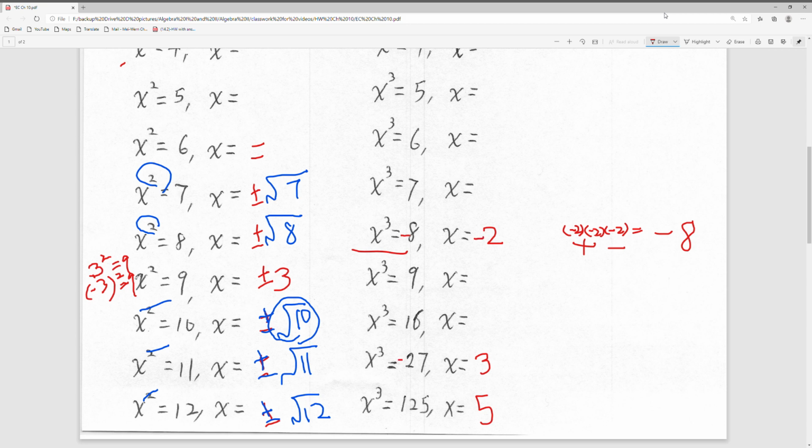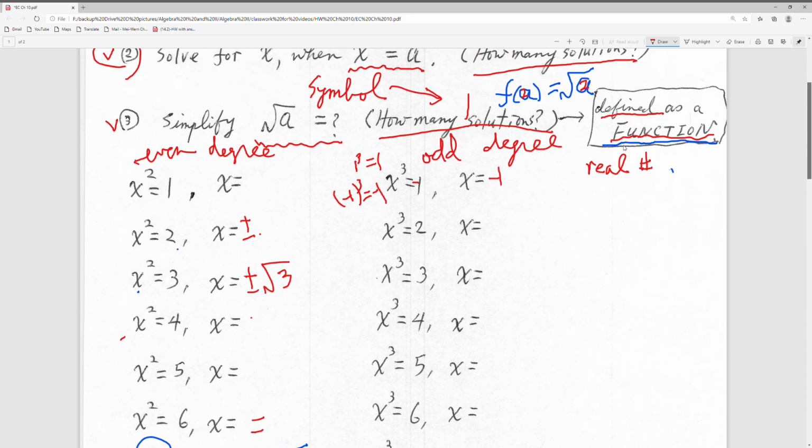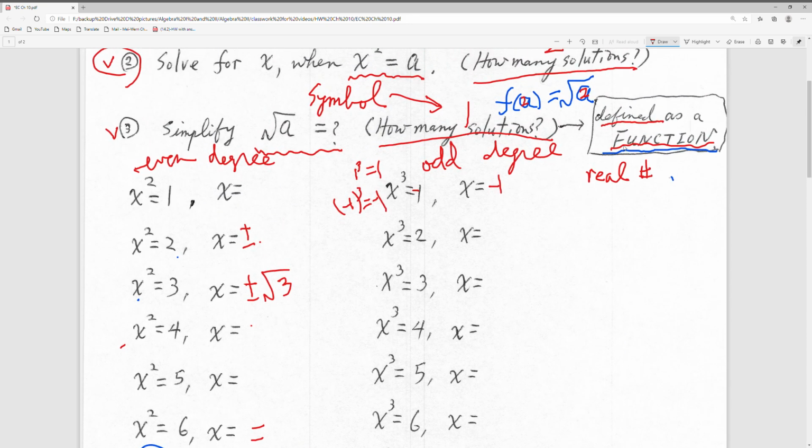Negative 27, you have negative 3. Negative 125, you have negative 5. So when you have a cube, or other odd degree, no confusion, only one answer.